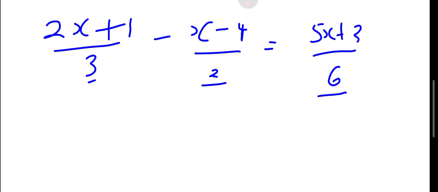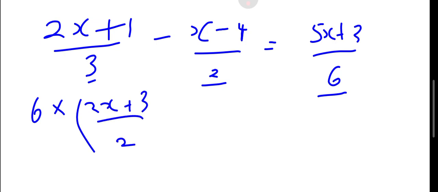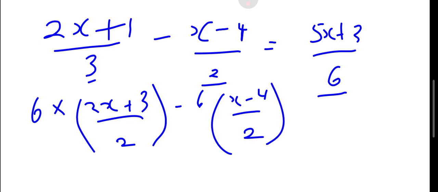So we have 6 times 2x plus 3 over 2 minus 6 times x minus 4 over 2, which is equal to 6 times 5x minus 13 over 6.